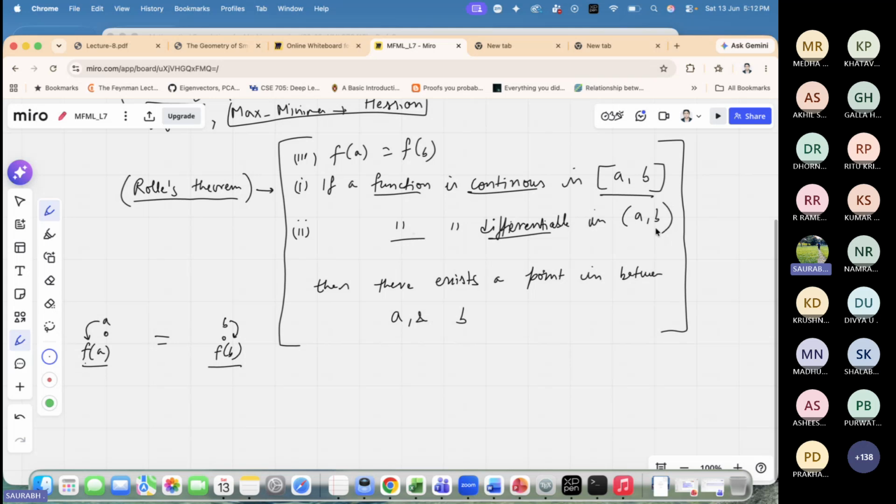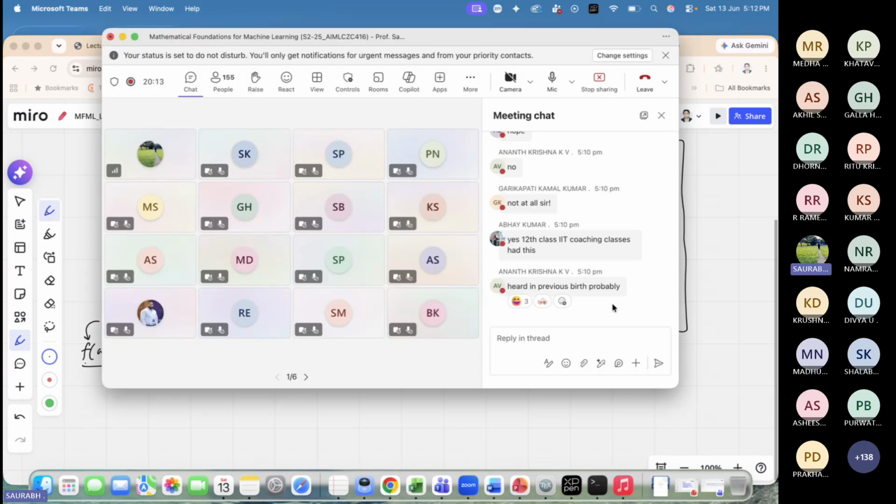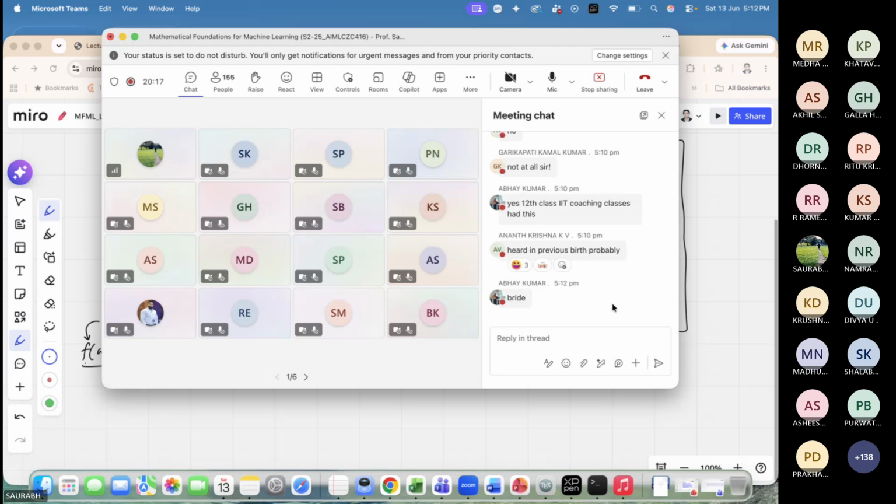I just wanted to understand if we have studied calculus or understood calculus in some form. What natural life phenomena can you relate to these three things? Anything?